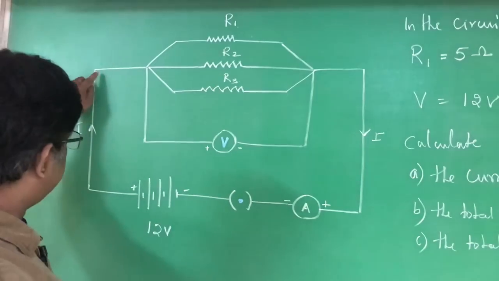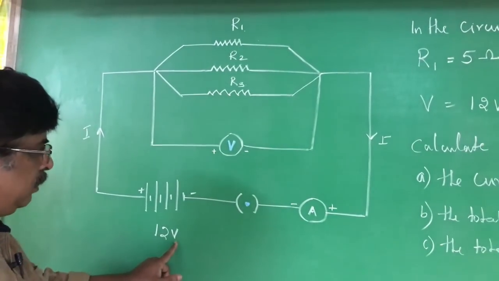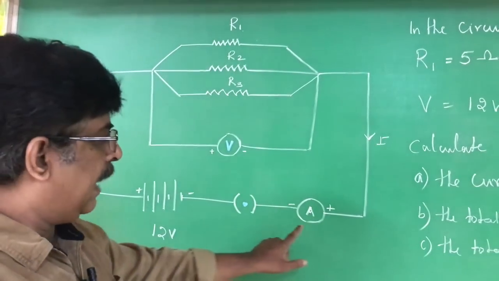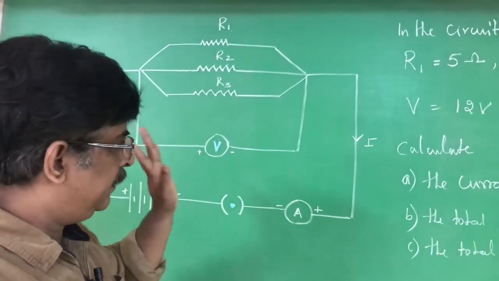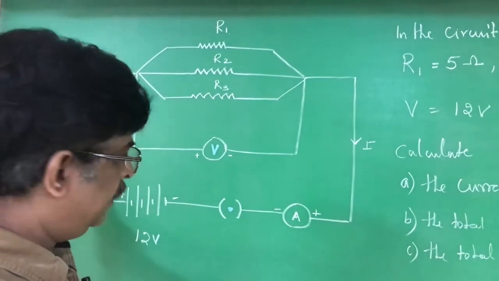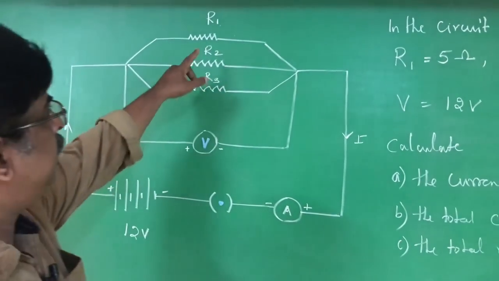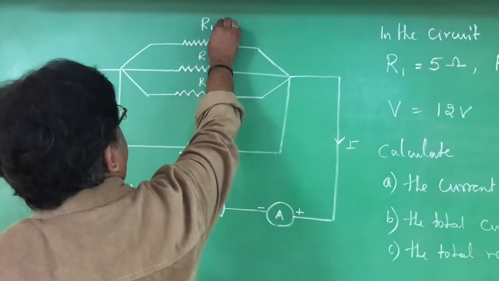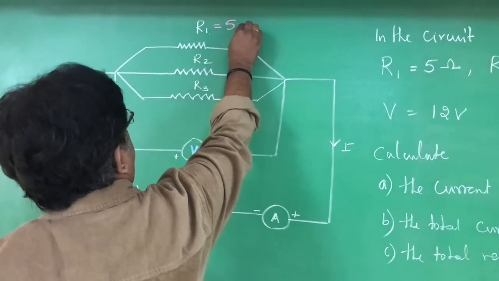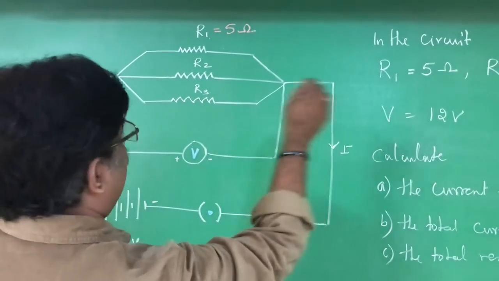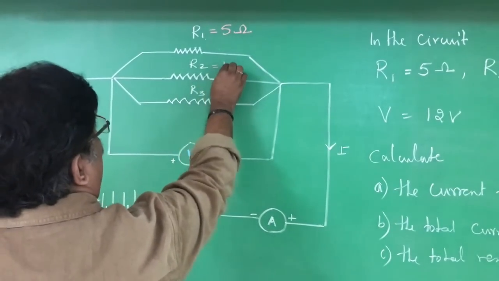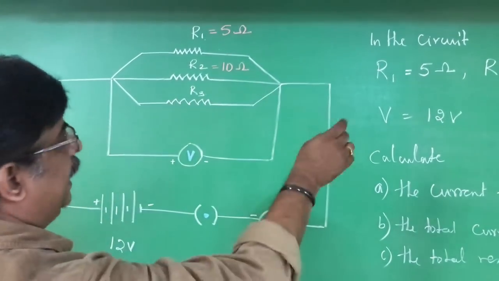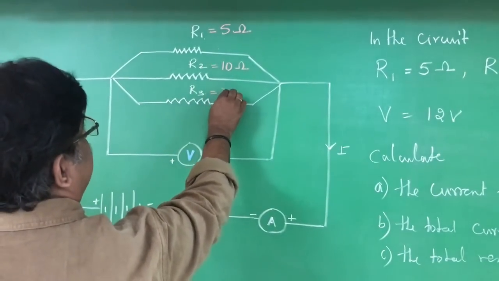These 3 resistors are connected to a 12 volt battery, plug key, and ammeter to measure electric current. Current is I. This is the circuit. He has given R1 is equal to 5 ohms, R2 is equal to 10 ohms, and R3 is equal to 30 ohms.